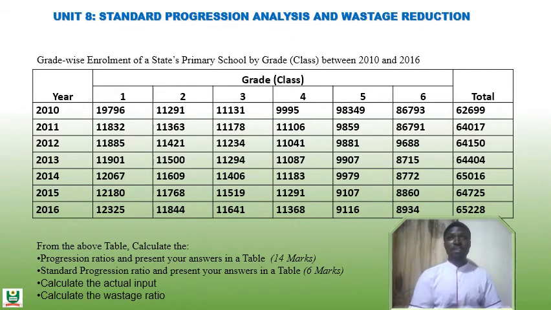I think that is actually in one of the question papers anyway, and then to calculate the wastage ratio. So we are going to do all these in this presentation, so kindly pay attention so you get the detail of our discussion.